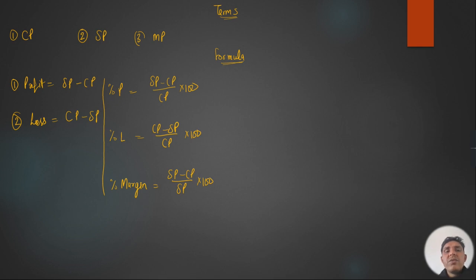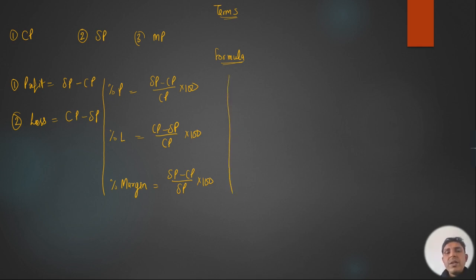Now what is margin? First of all, understand that the price that is written on the particular commodity, the mark price, is always between selling price and cost price. So margin is always between selling price and mark price, right? Okay.